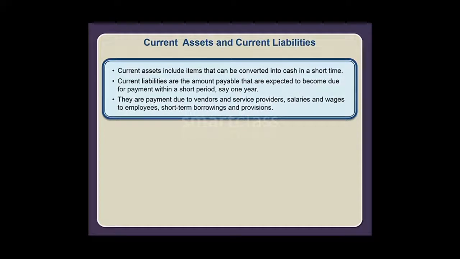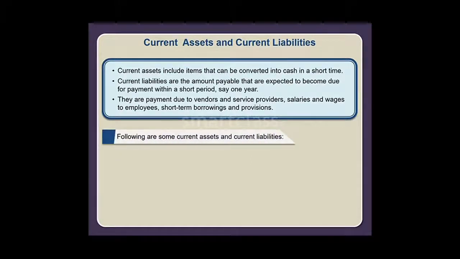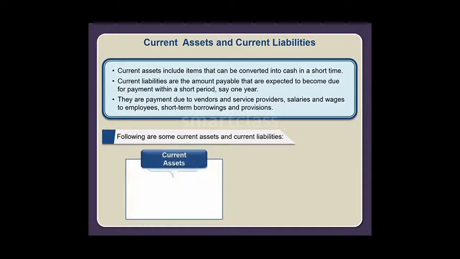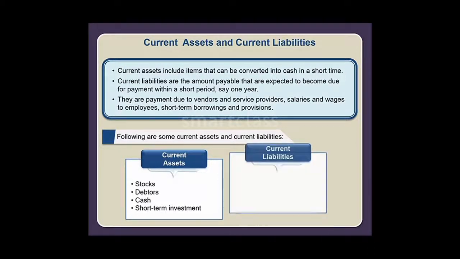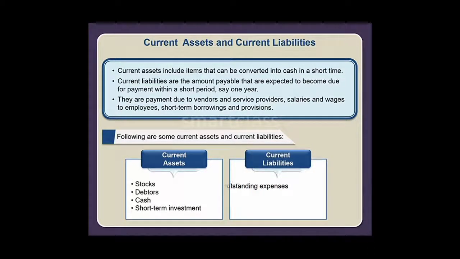They are payment due to vendors and service providers, salaries and wages to employees, short-term borrowings, and provisions. Following are some current assets and current liabilities. Current assets include stocks, debtors, cash, short-term investment. Current liabilities include outstanding expenses, creditors, short-term loans.